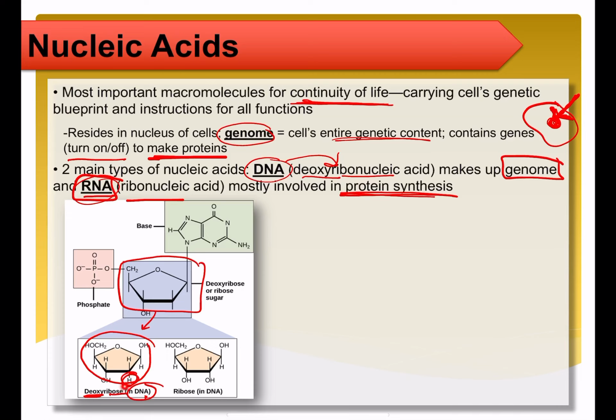This particular carbon is not bound to an oxygen molecule, whereas in an RNA molecule, the ribose does have that oxygen on both of these carbons there, okay?